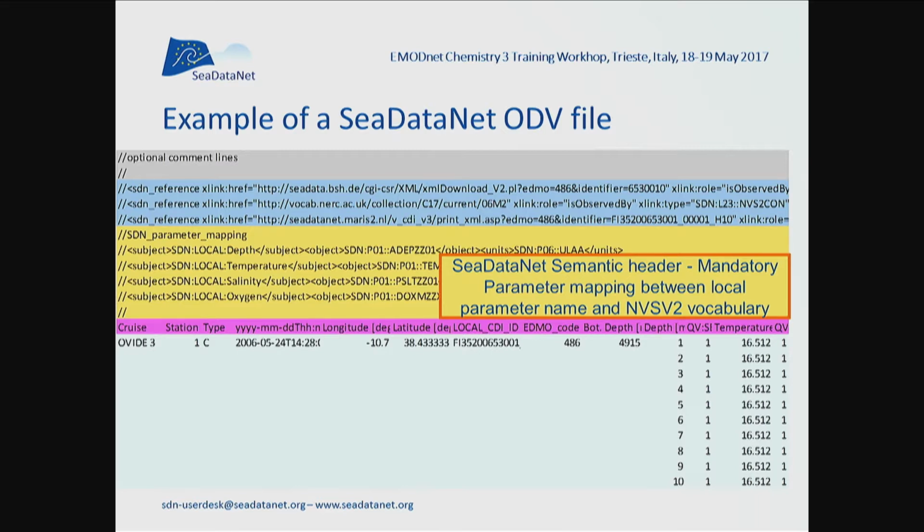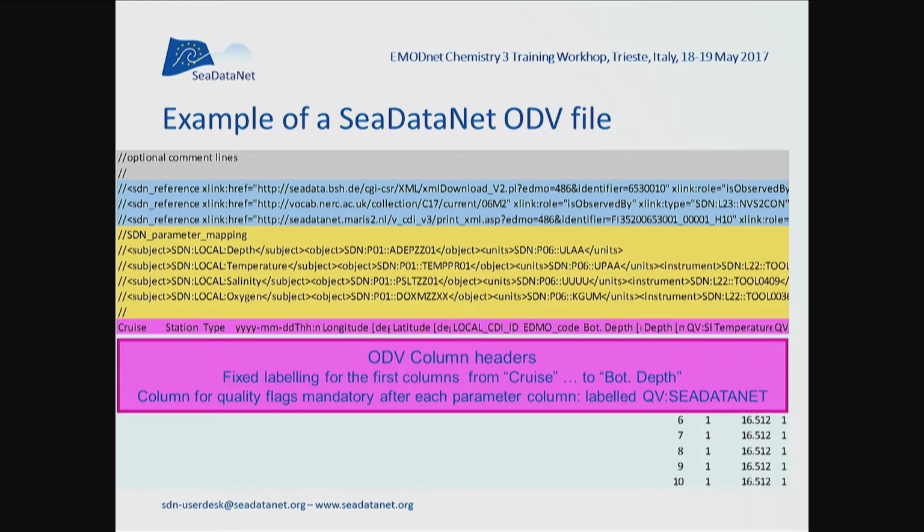It's mandatory, and it has to be well formatted and coherent with the data in the file. Then we have the ODV column headers. The first part is fixed, it's metadata. After the metadata, you have the columns of the measured parameters and the quality flags. Each time you have one parameter, one quality flag, one parameter, one quality flag.